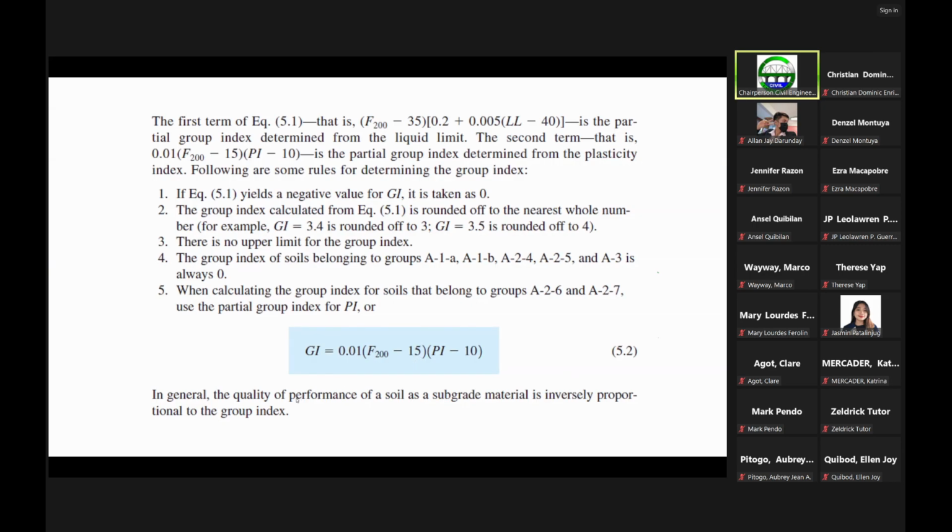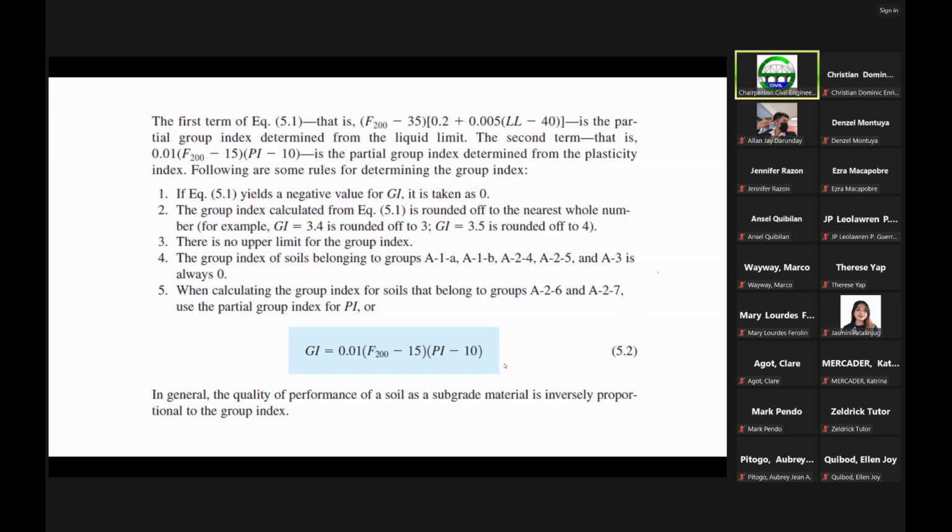So in general, the quality of performance of a soil as a subgrade material is inversely proportional to the group index. That means if the group index is 0, then you have these good materials, if you recall.